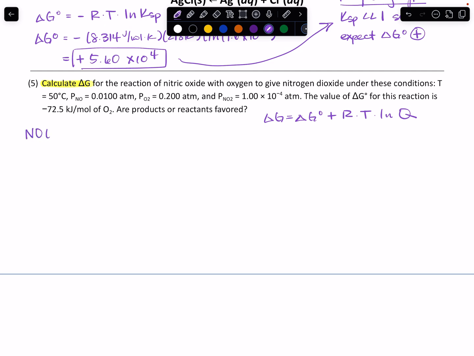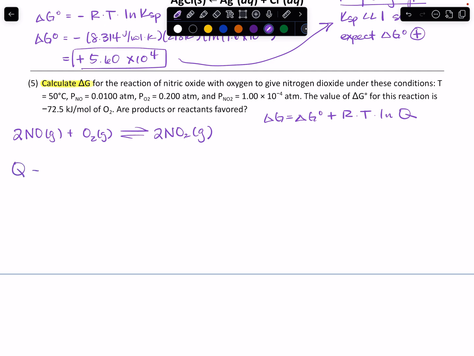So I've got nitrogen monoxide plus O2 gas forming nitrogen dioxide, NO2 gas. For balancing, I'm going to need 2 of these, and 2 of these, and that's going to give me my balanced reaction.